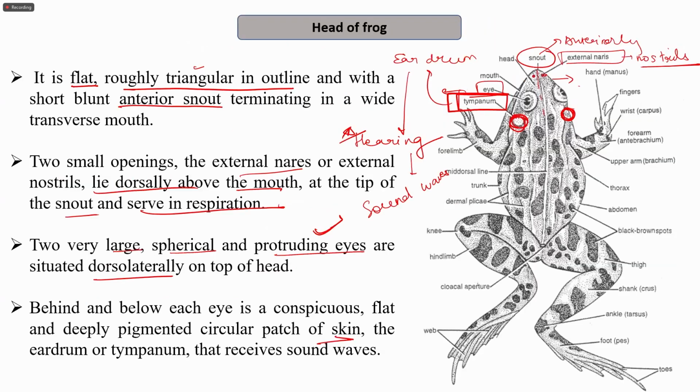So this is the morphology of the head, where the head is snout-shaped and triangular, which opens into a wider mouth. On the dorsal side of the head, we have a pair of external nares, the external nostrils that help in respiration.